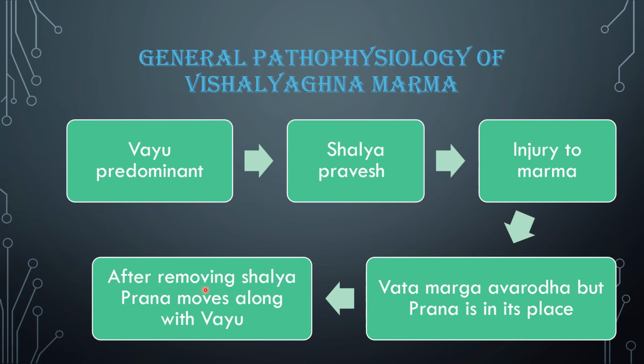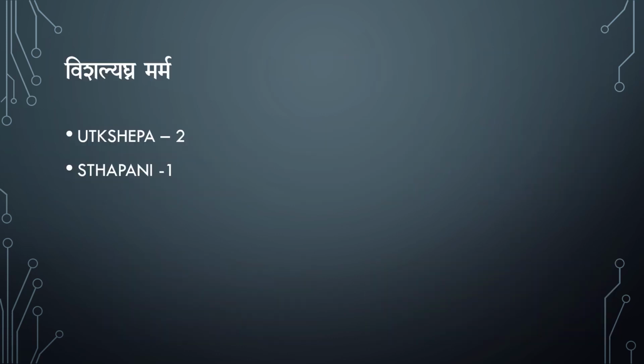Whenever the Shalya is removed from that injury spot, then the Prana moves along with the Vayu. So until the Shalya remains inside the body, there is no harm to the Prana. Whenever we remove the Shalya from the spot, there will be sudden death of the person as Prana moves along with the Vayu. So 3 in number: Utshepa 2 and Sthapani 1.